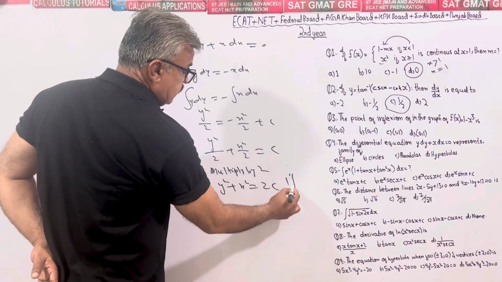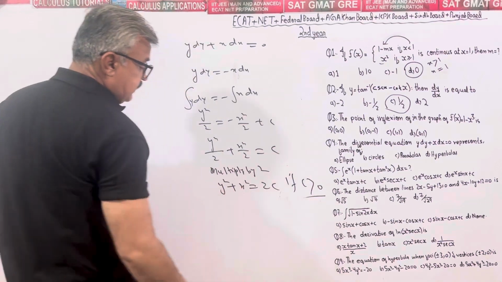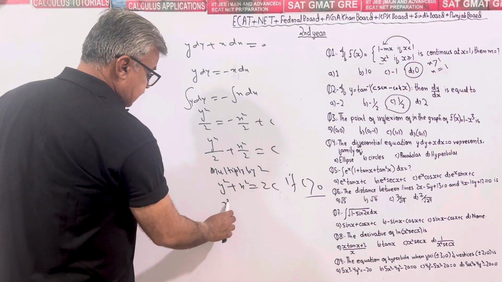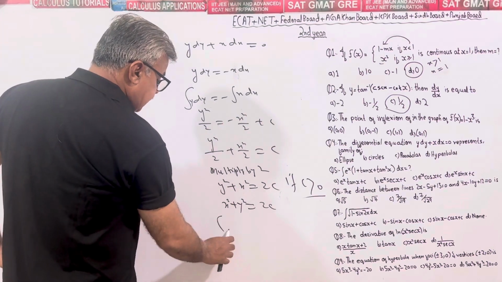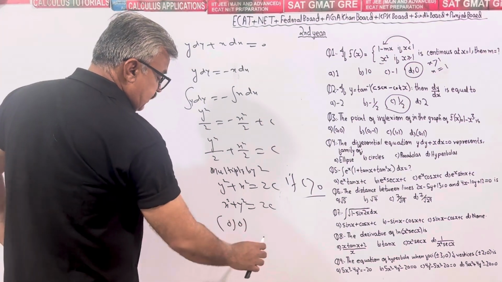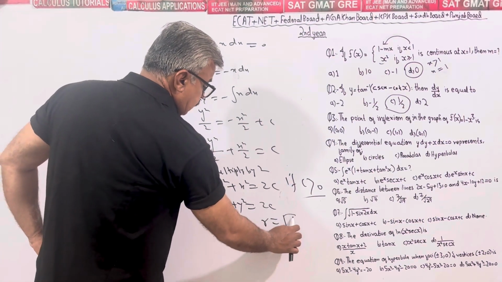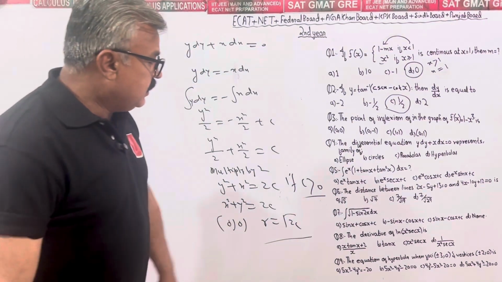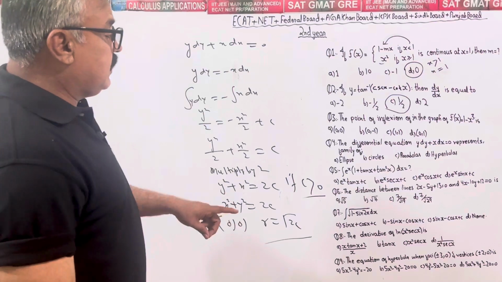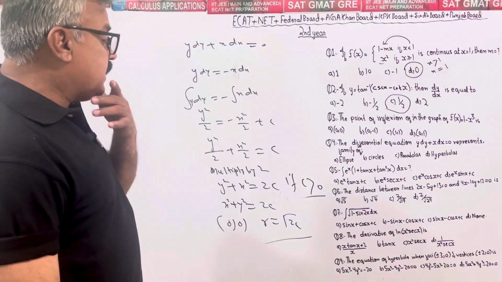If c is greater than 0, it represents a circle having center at origin, and r is equal to root 2c. So it is the differential equation of a circle.